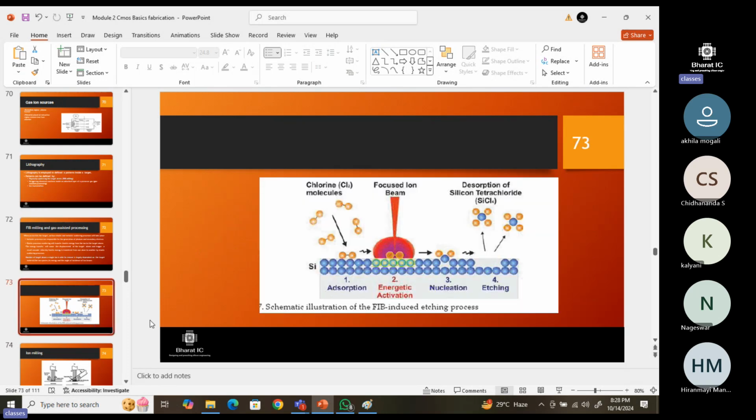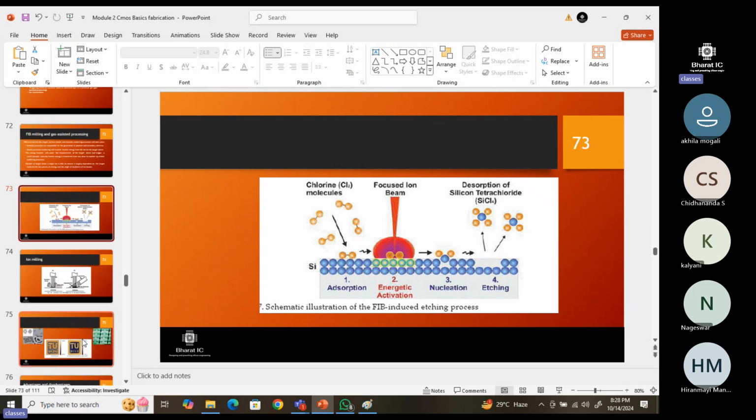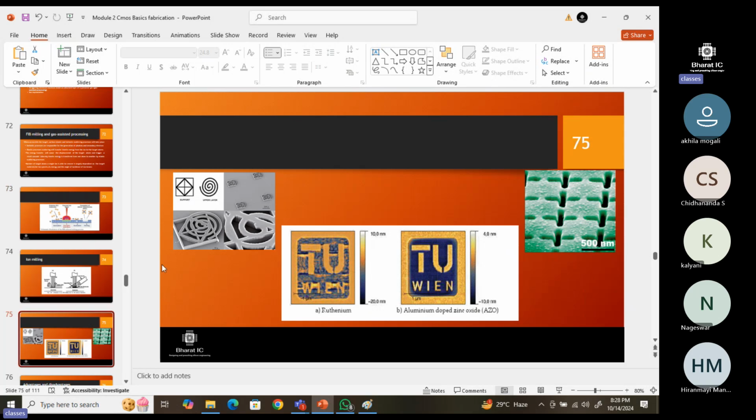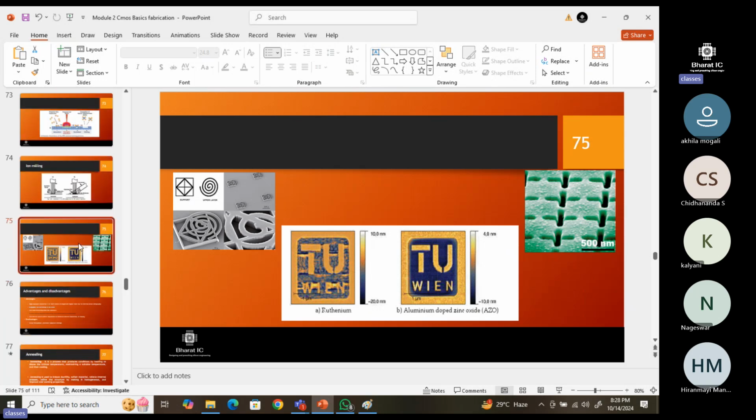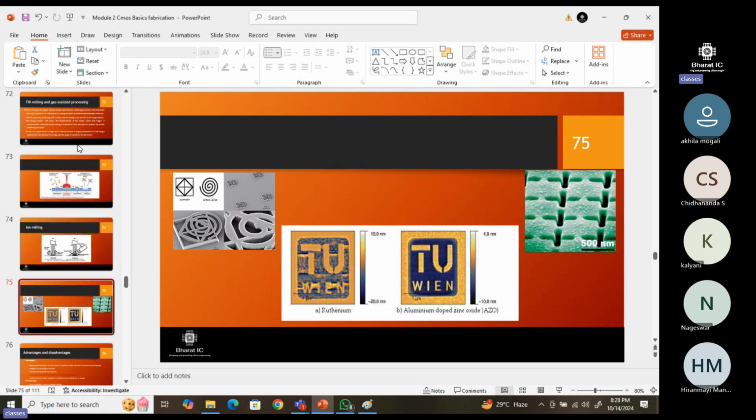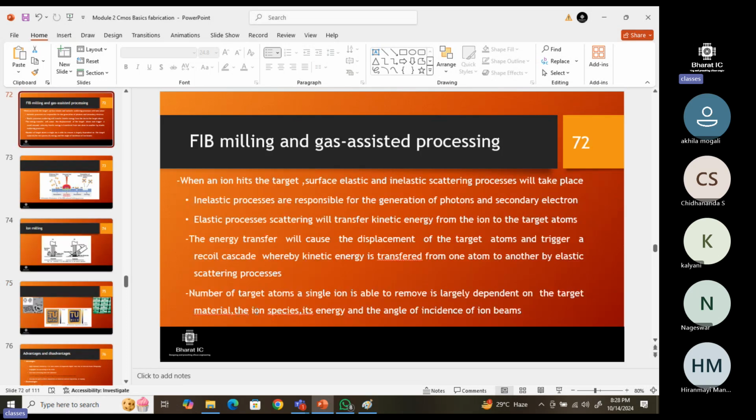Then what the structure is, and what chemicals are used in ion beam lithography, silicon tetrachloride in the presence of chlorine gases. Then the resolution point of view and the material benefits. I already told you it depends upon different things, like the target material, the ion species, the energy or the angle of incidence.